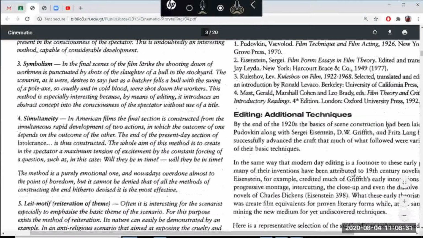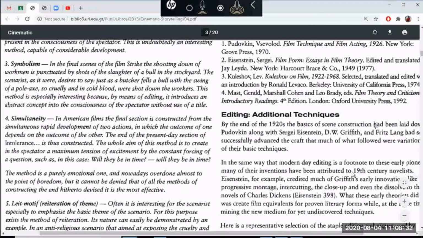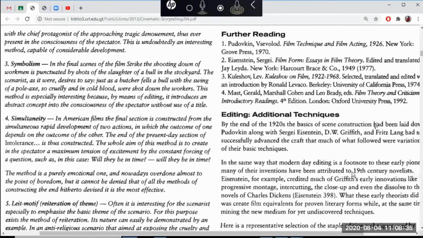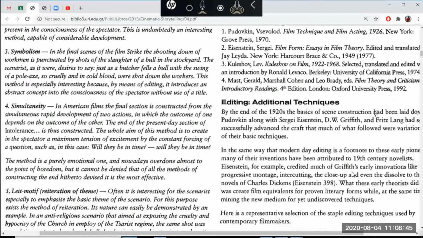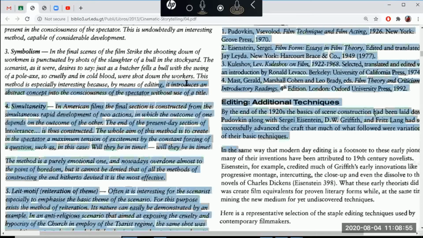He's explaining symbolism through, like it says, the final scene of the film Strike, and Eisenstein is the filmmaker. Okay, so it says that the final scene of Strike actually shows the shooting of the workman, right? And the slaughter of a bull.